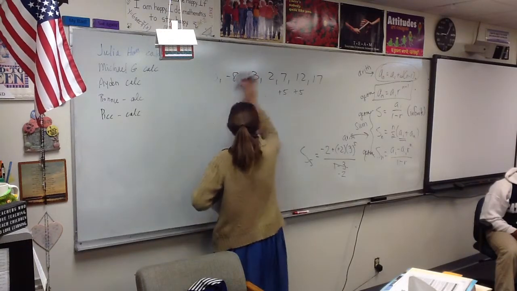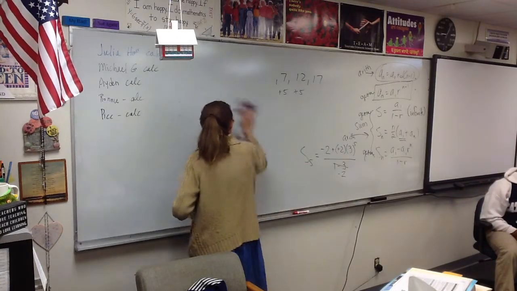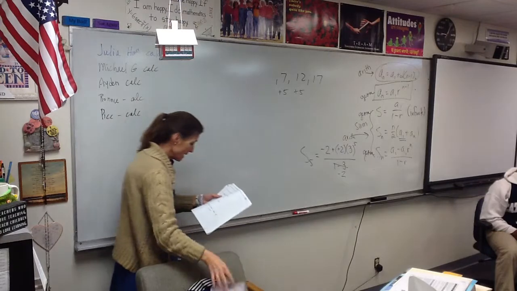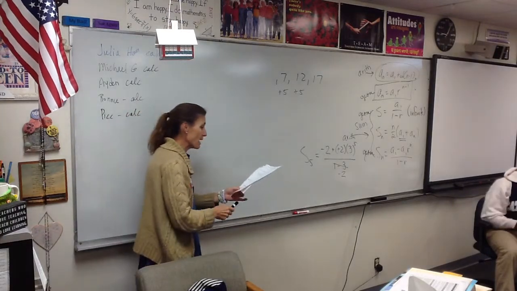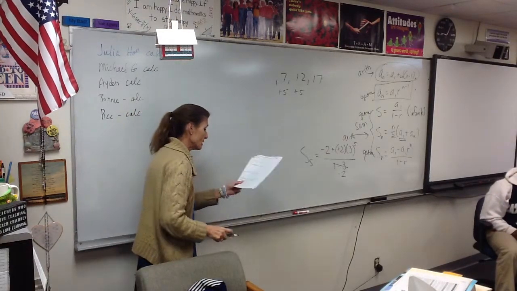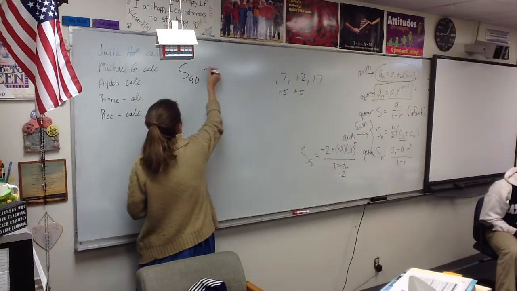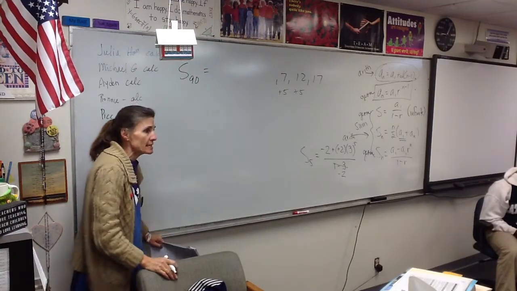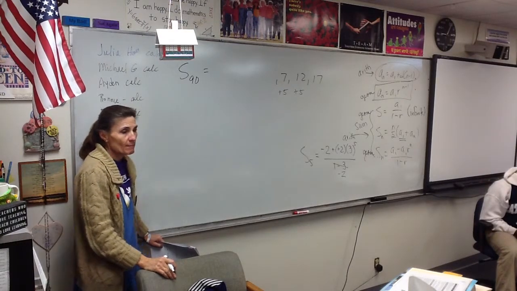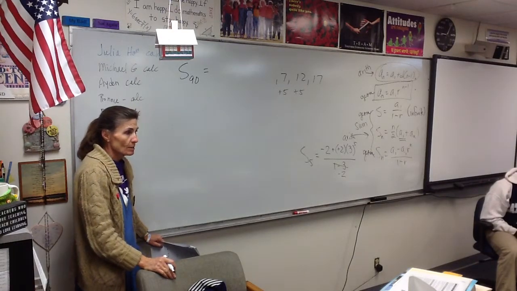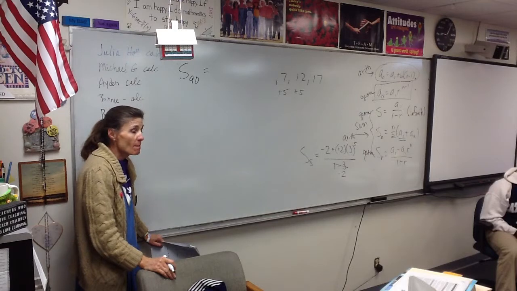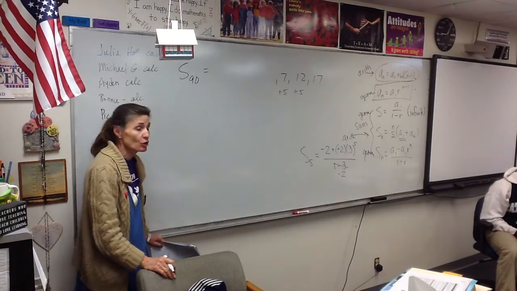Now, in the interest of getting through a little bit more, I want to skip down to 2A. Because it says, find the sum of the first 90 terms. Everybody looking at 2A? We're going to find the sum of 90 terms.